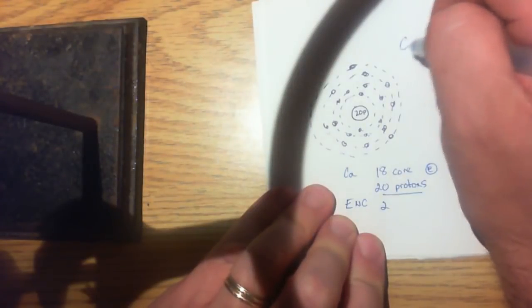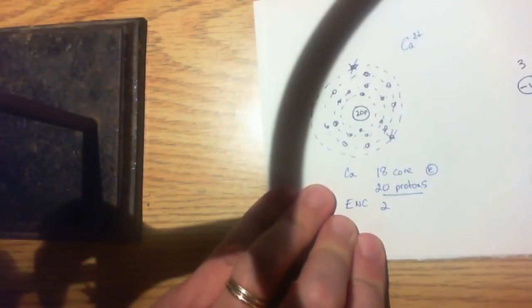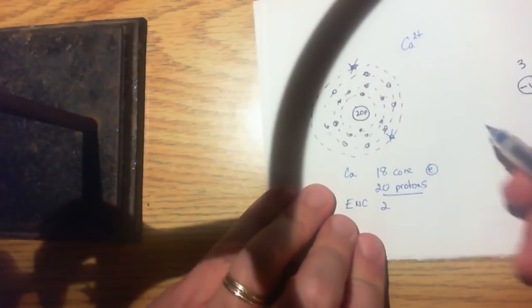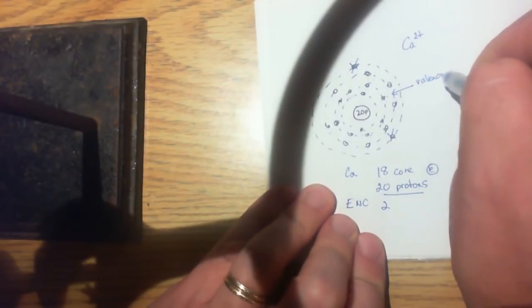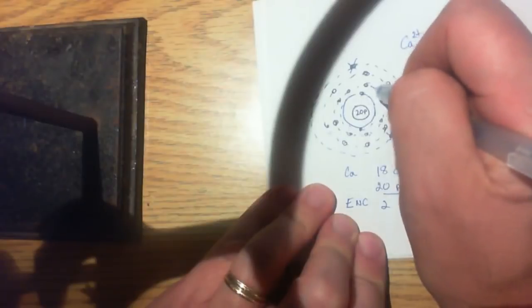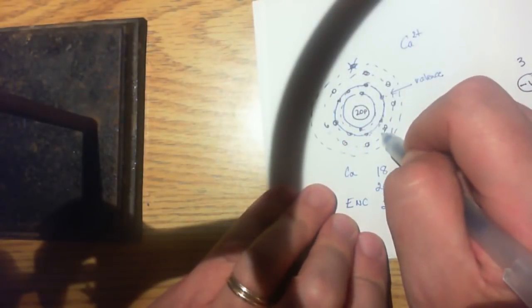But when I become a calcium ion, I lose these 2 electrons. So my outermost energy level is no longer there. This becomes valence. So now as a result, I only have my first energy level, and my second energy level is core. My third energy level that was core is now valence.